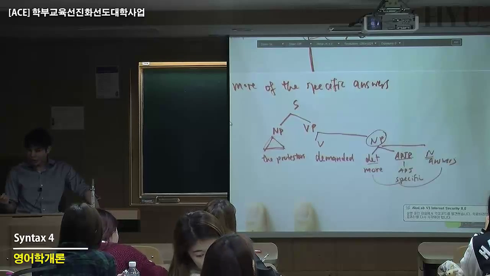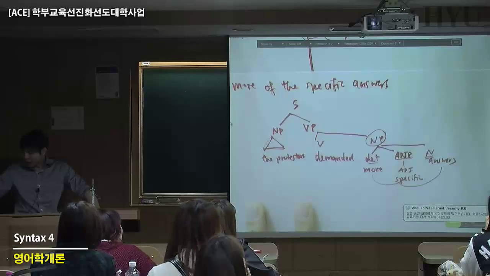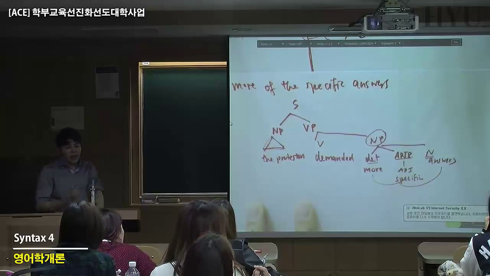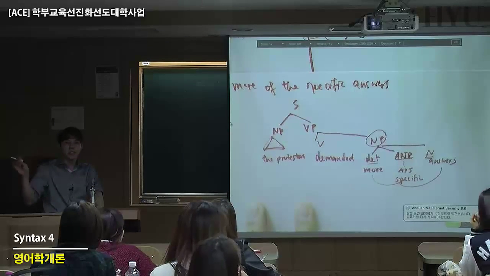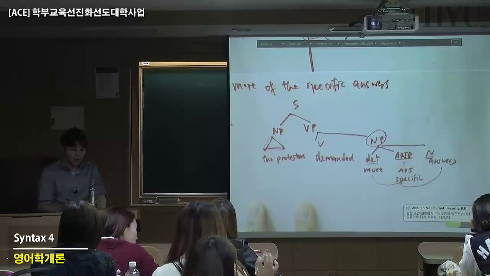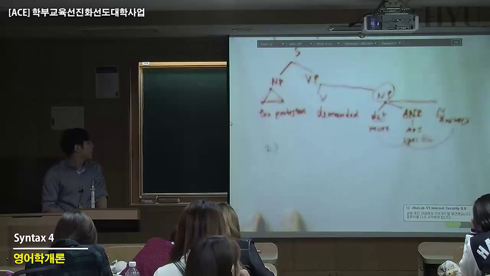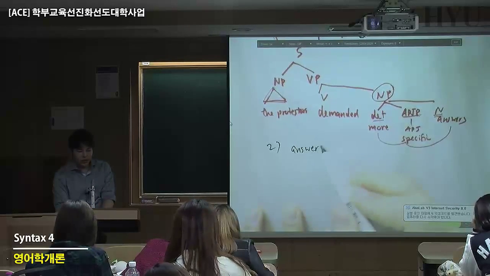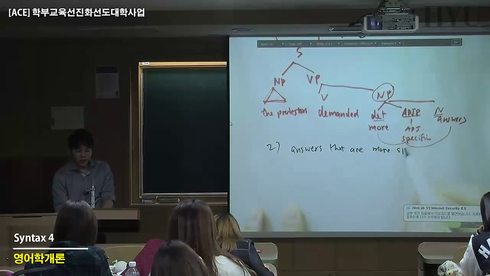The second interpretation that we agree on is that they want answers that are more specific, right? So this is the second reading. They want answers that are more specific.